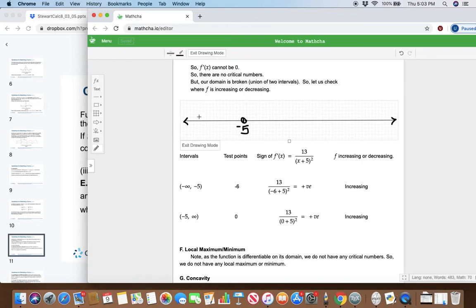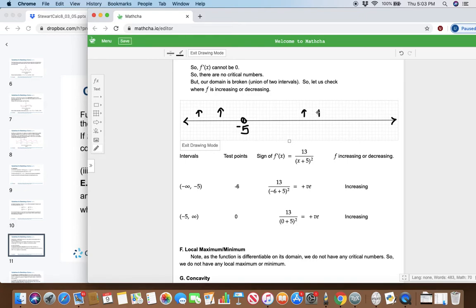My function is increasing in this interval. All right. What about here? Let's take a test number which is 0. Plug it in. 0 plus 5 squared, positive. Numerator is positive. Here also my function is simply increasing.